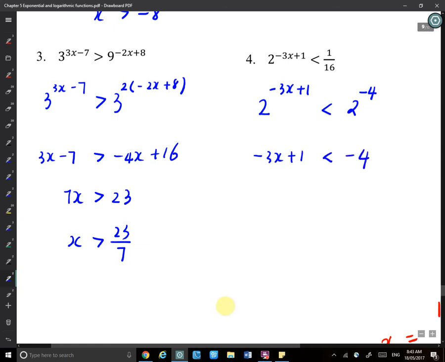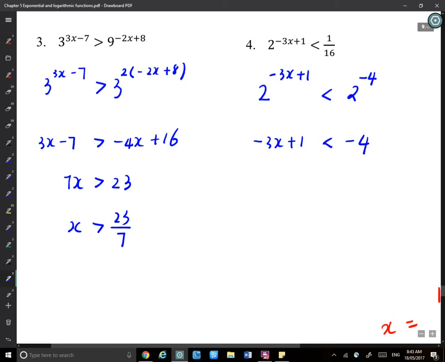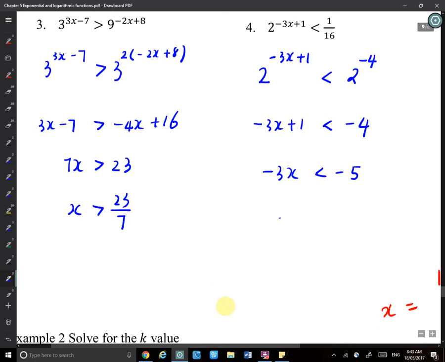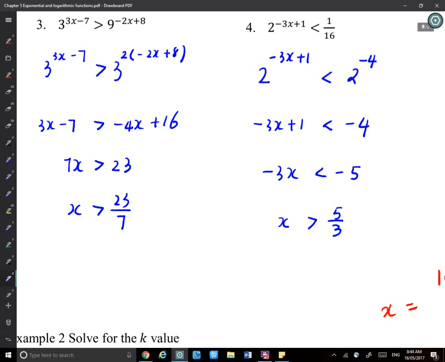The left-hand side's power needs to be less than the right-hand side's power. Minus 3x less than minus 5, subtract 1 on both sides. X will be greater than 5 over 3. Okay, you divide negative 3 on both sides, the sign needs to be swapped, so it's greater than 5 over 3.